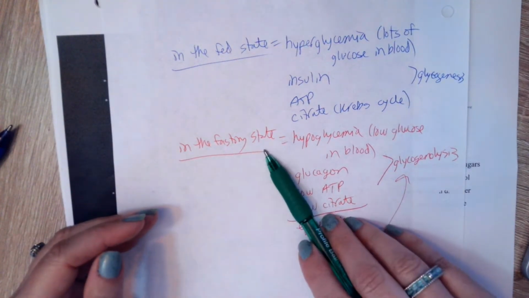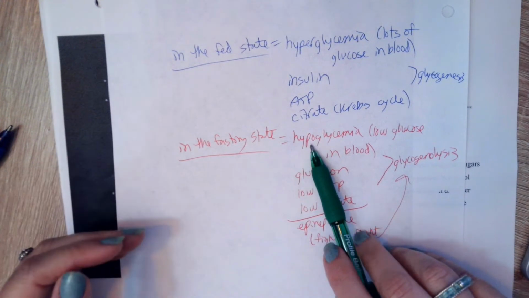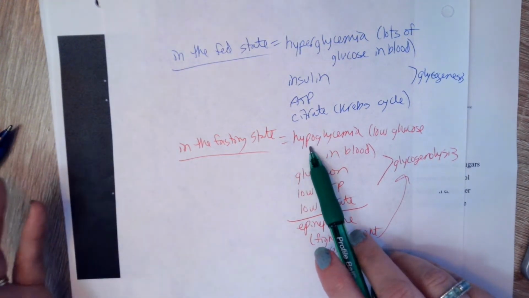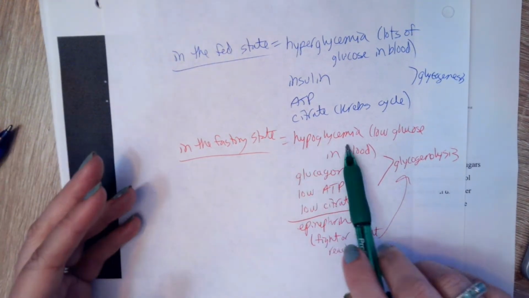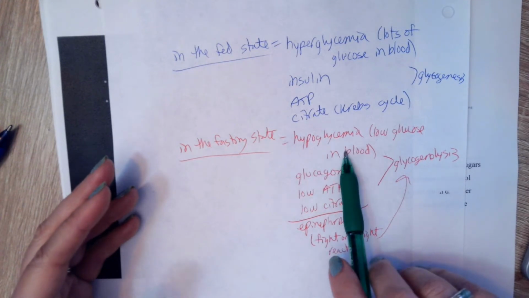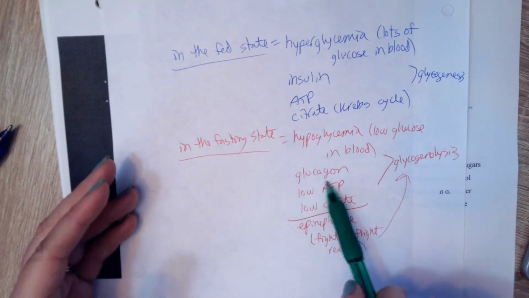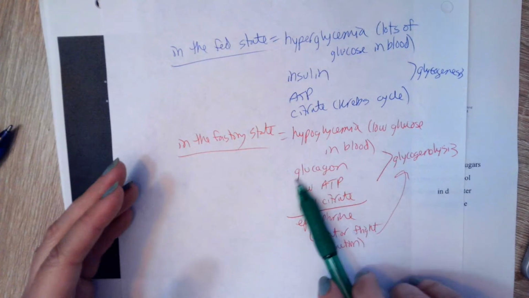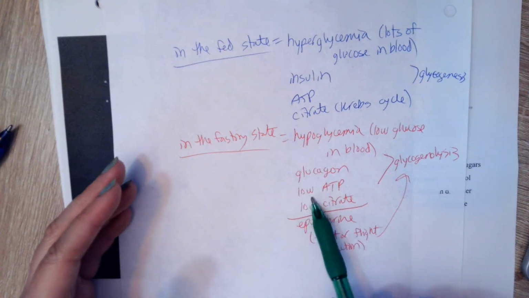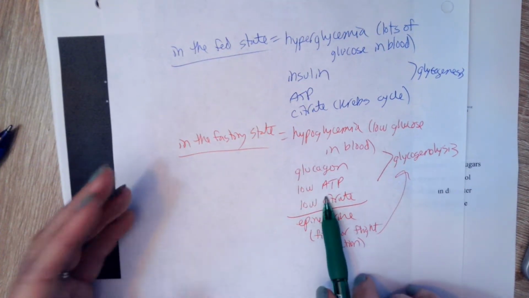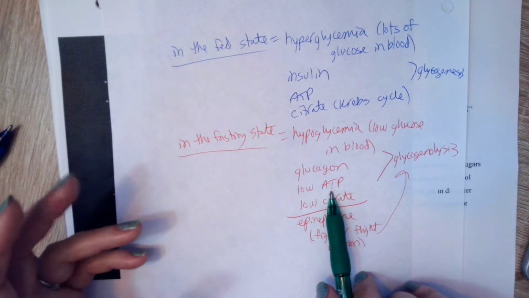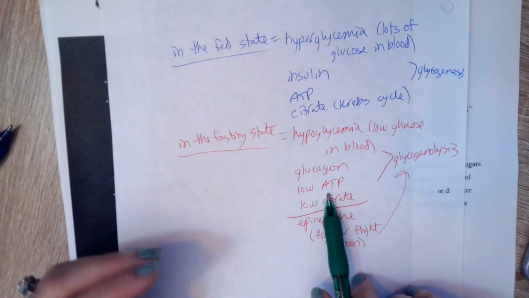Now in the fasting state, so you haven't eaten for a few hours or so, you start to get hypoglycemic, so you don't have a lot of glucose in your blood. Glucagon is the hormone you release in that situation. You have low ATP inside the cells because you're not doing glycolysis. You are getting energy from fats.